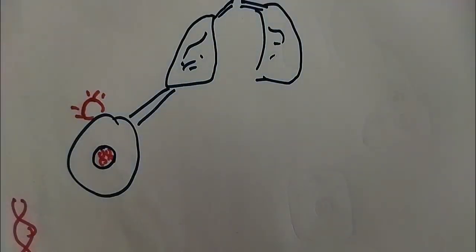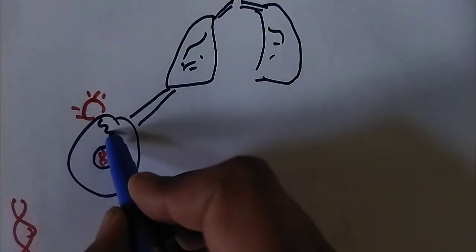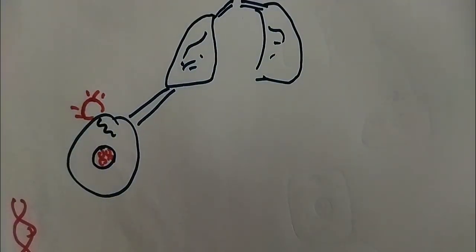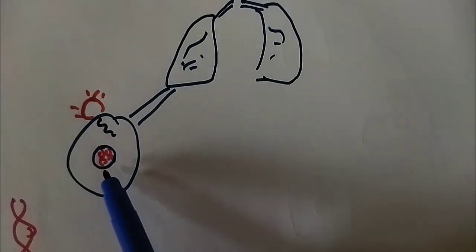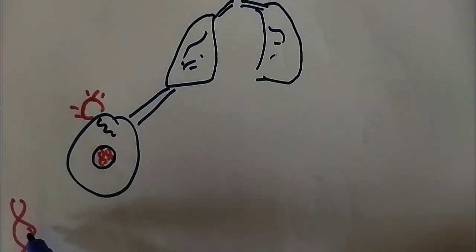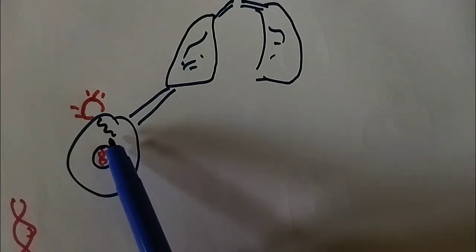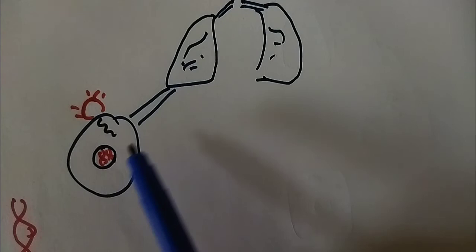Only the RNA of the virus will enter into the cell. So you can make out the difference. I have drawn the DNA of human with the red color and the RNA of the virus with the blue color.